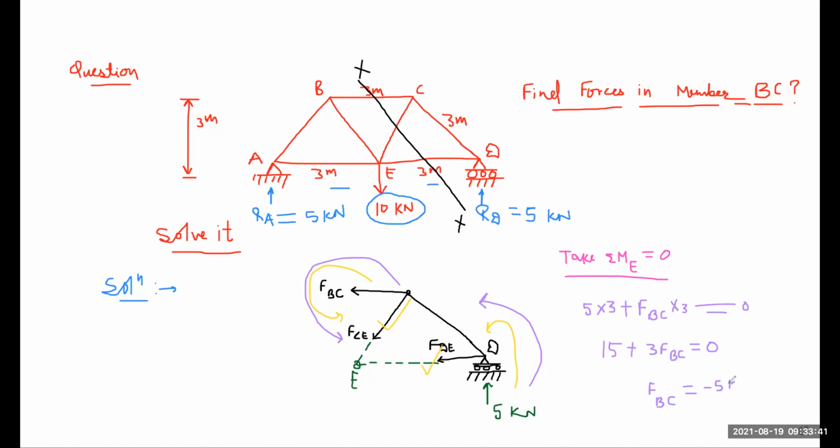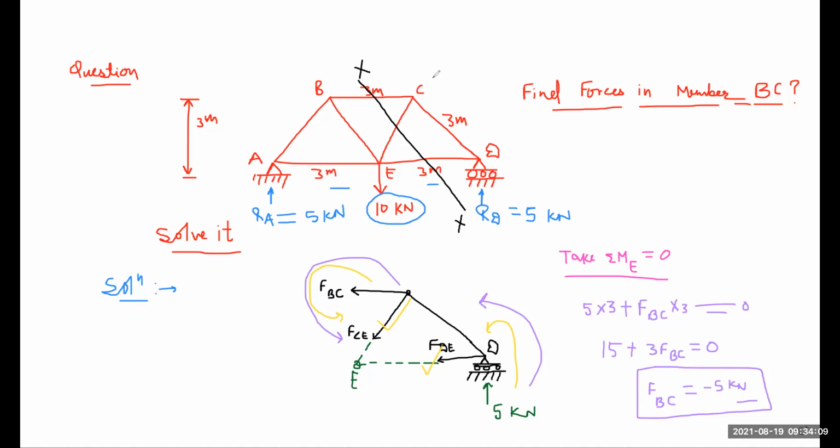If you see the sign convention, you take your force as tensile. So here this force is compressive, because if you get the force in BC as minus 5 kilonewton, that means your assumption is incorrect. So you take minus 5 kilonewton as positive.